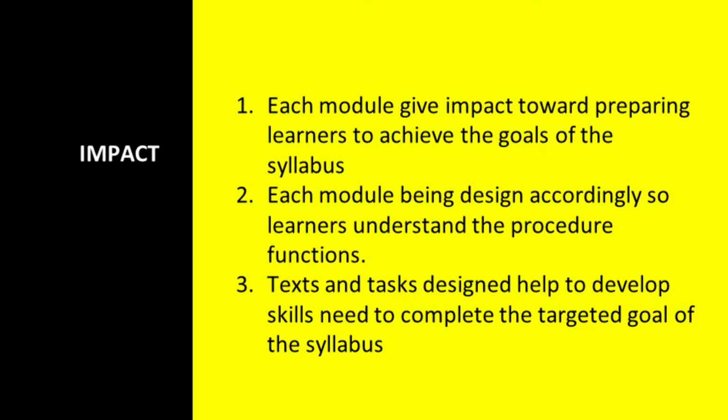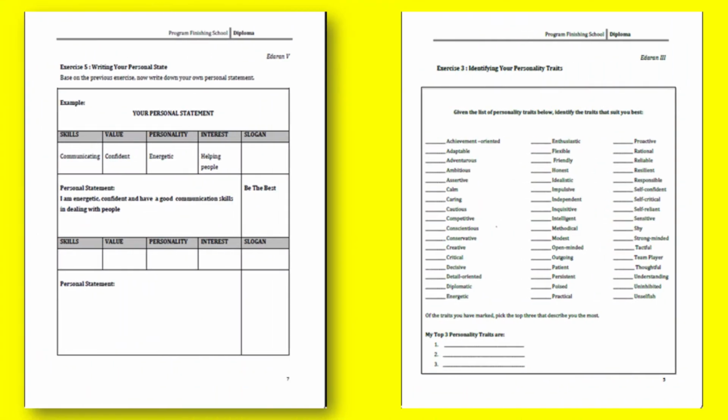Each module and material also had been designed accordingly so that learners can understand the procedural function. Tasks were designed to help develop the necessary skills to complete the target goal. At the end of the task, those materials impact the learners in acquiring new knowledge on writing and speaking skills.